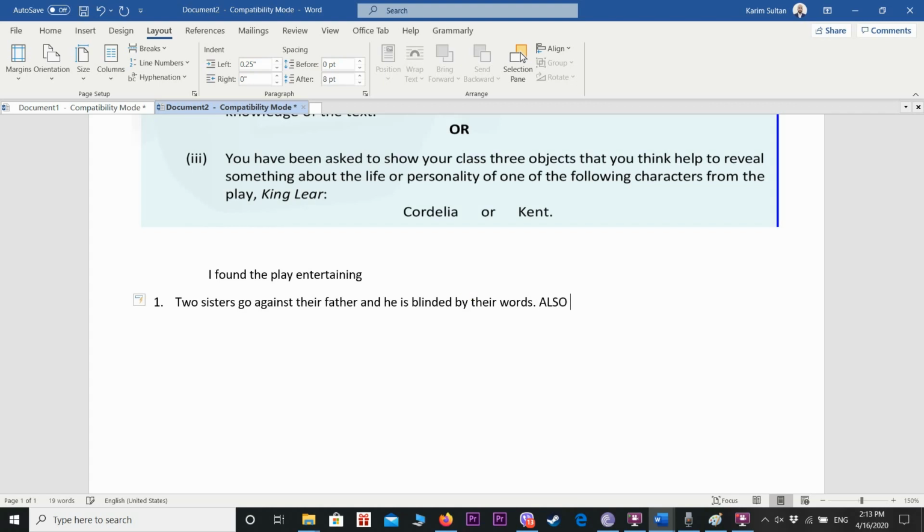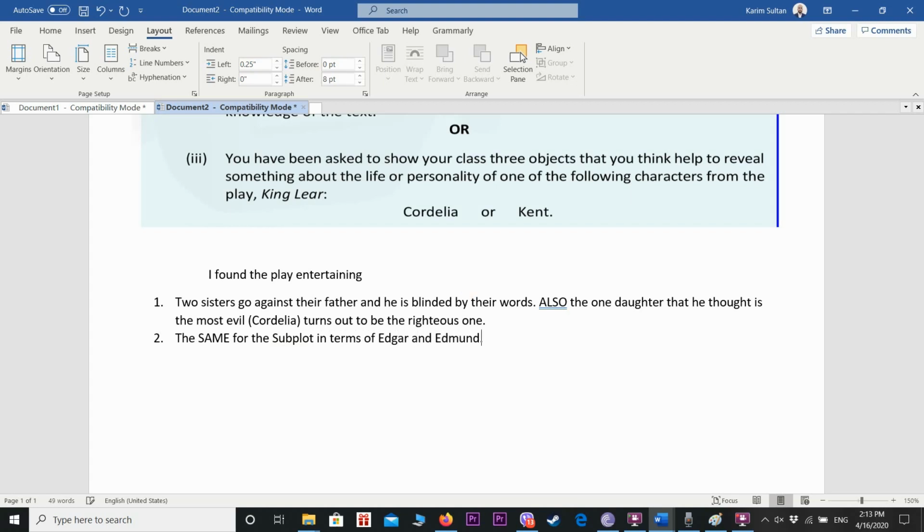Also, the one daughter that he thought is the most evil, Cordelia, turns out to be the righteous one. Great, so this is my first reason. Then I could talk about the same for the subplot in terms of Edgar and Edmund.